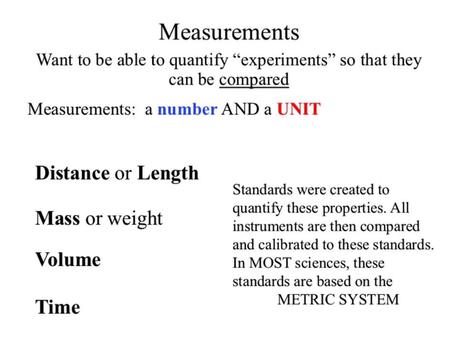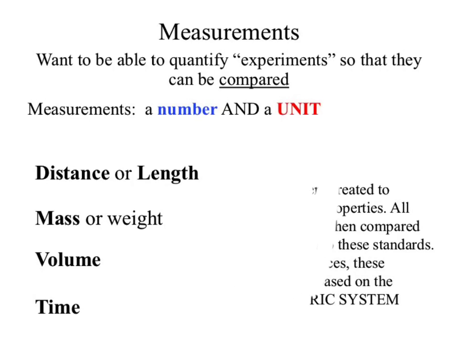Okay, so for distance and length, our primary unit is meters. Okay, we're looking at the metric system. We can go powers of 10. Mass or weight? Grams, which is a fun one historically because our standard unit for mass is actually not grams.